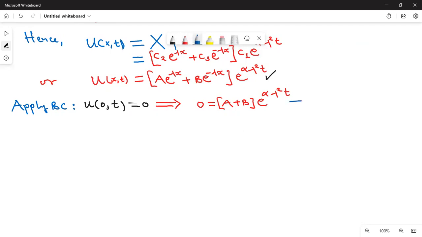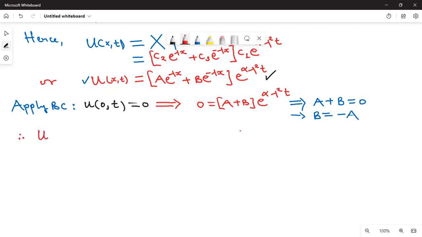So from here, we get a plus b is equal to 0. And you can make B the subject. This means B is negative A. So in this equation, I'm going to substitute B equals negative A. So what are we going to get? You see now A will be common, which you can factor out.